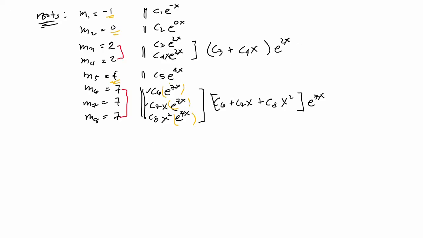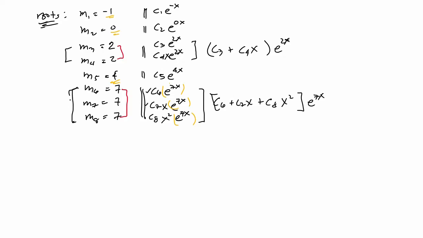Okay, so as you can see, since we have two sets of repeated roots here, each set will repeat the rule from the start. So you need to start from e to the 2x, and then on the next part x will appear, and so on and so forth.